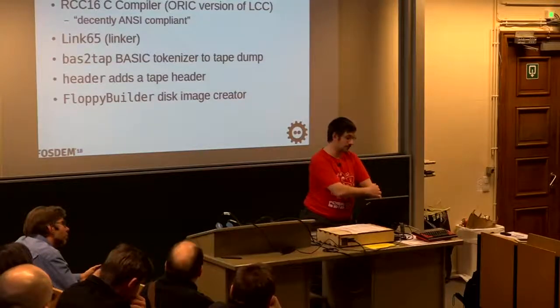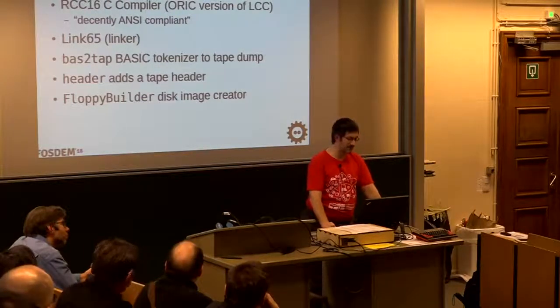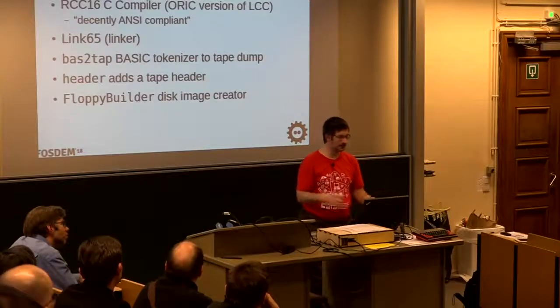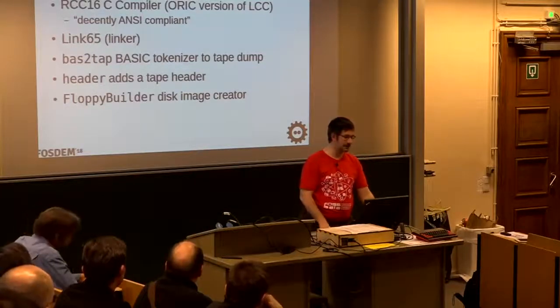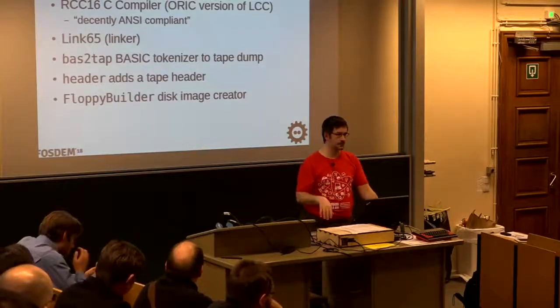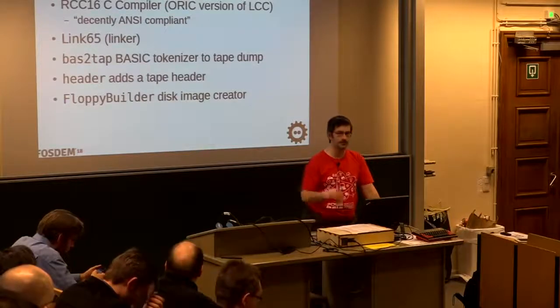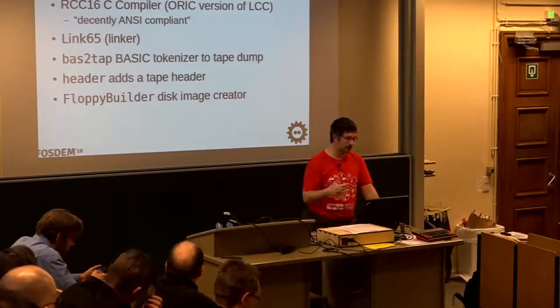So you can also write BASIC and use Git to see the diffs, which is much better. And Floppy Builder can create an image which is used with a specific loader. It doesn't use the regular DOS from the machine, but it's simpler for GMOS, which only needs to load resources once.